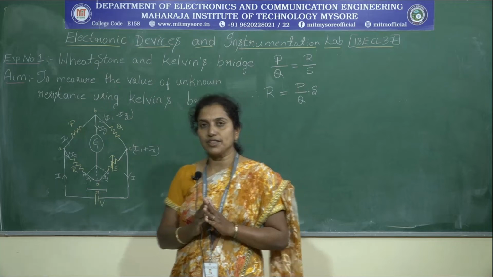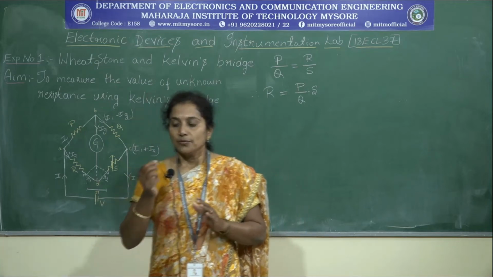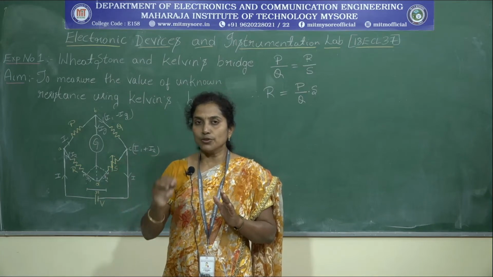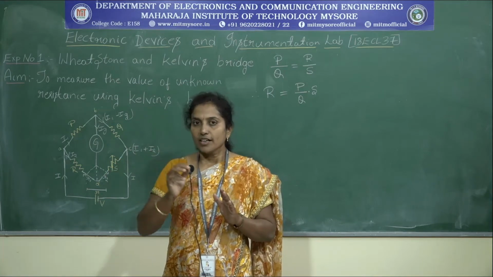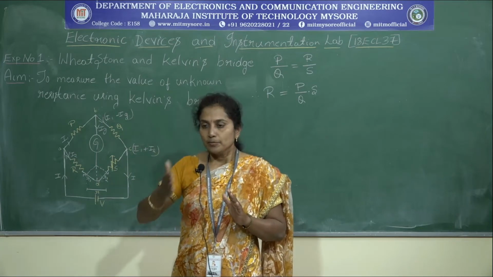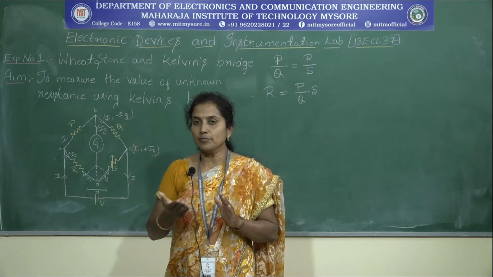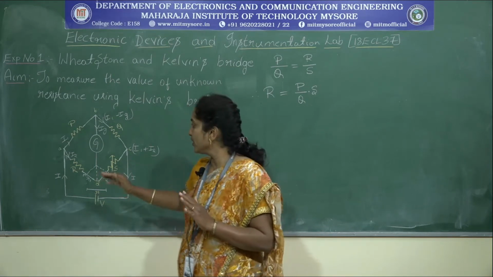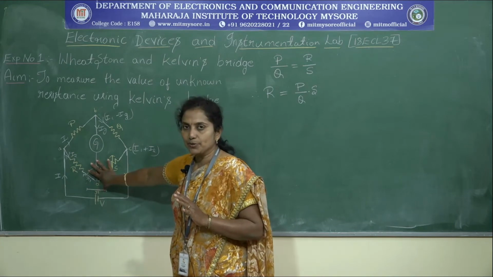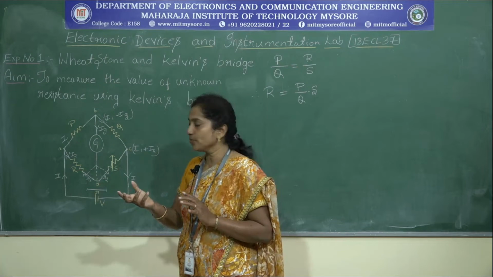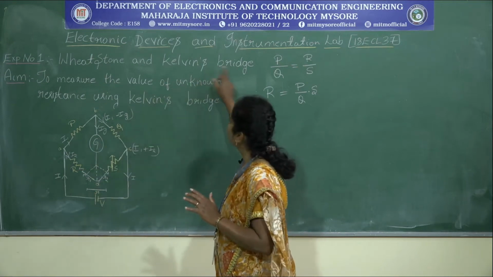The limitation of the Wheatstone bridge is that we can find values only from several ohms to several mega ohms. Below 1 ohm we cannot get the value using the Wheatstone bridge. To get very low resistance values we use the Kelvin's bridge.